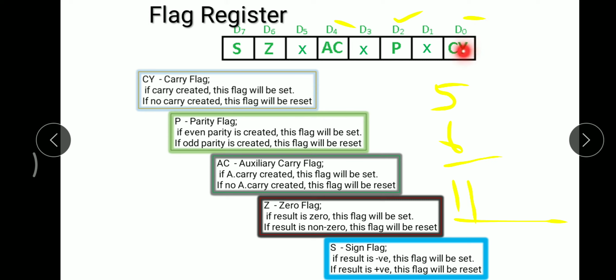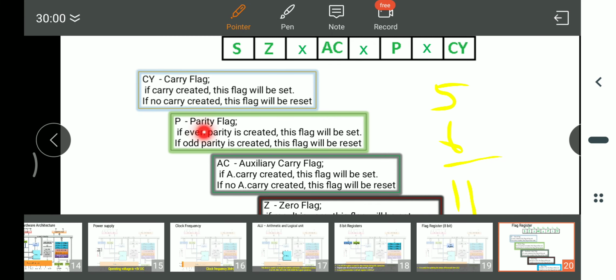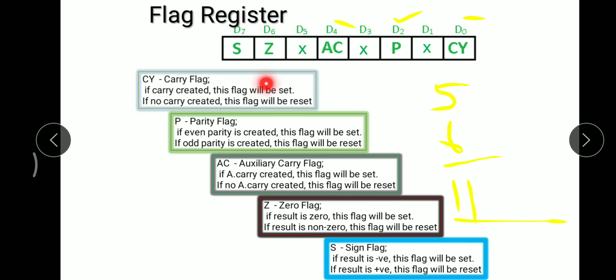Set means 1, reset means 0. So if there is any carry in your result, this bit will be 1, or otherwise it will be 0. In your result, if there is even parity or odd parity, kindly check what even parity and odd parity are. You can Google it and easily understand the concept behind parity. If it is even parity, this will be 1.